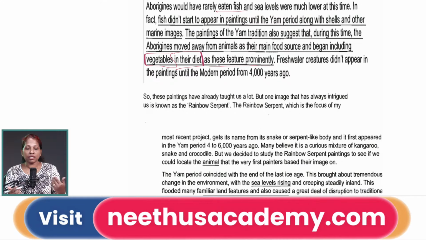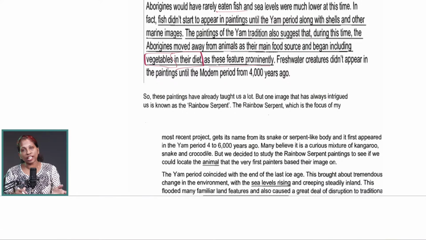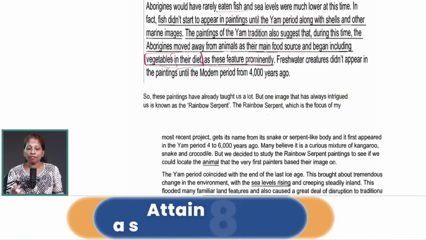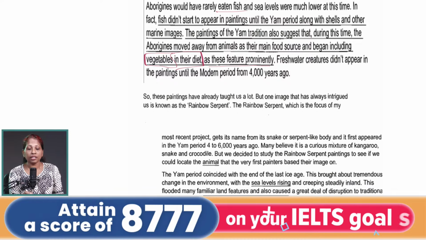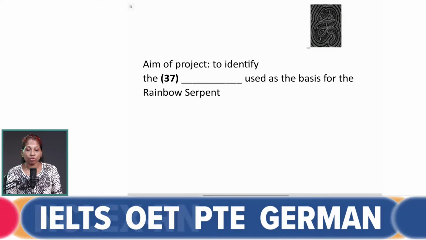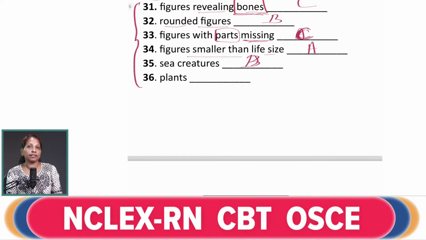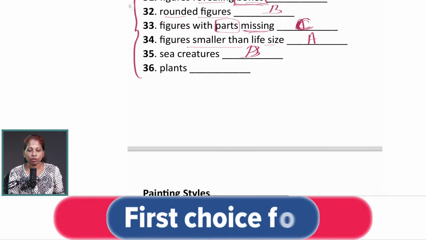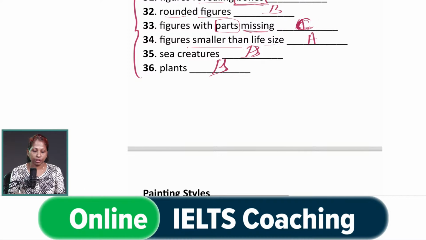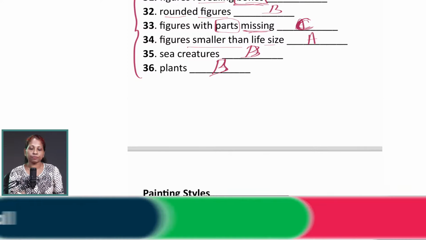Once they started to include fish, after that they shifted their taste from marine animals to vegetables, because after that period in their paintings they used to draw vegetables as one of the features. So vegetables are formed from what? Plants, right? So that's why the option for 36 will also be B, because that also happened during the Yam paintings, right?